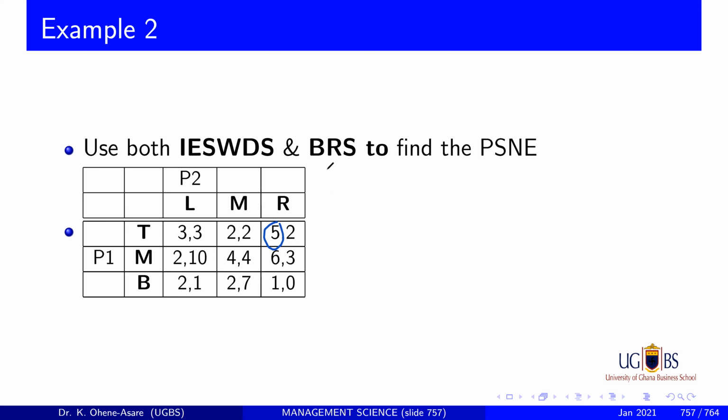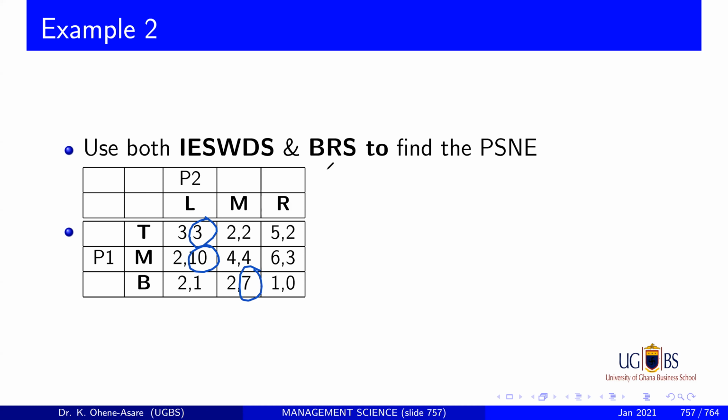If player one goes for T, player two goes for 3. If player one goes for M, player two will go for 10. If player 1 goes for B, player 2 will go for 7.